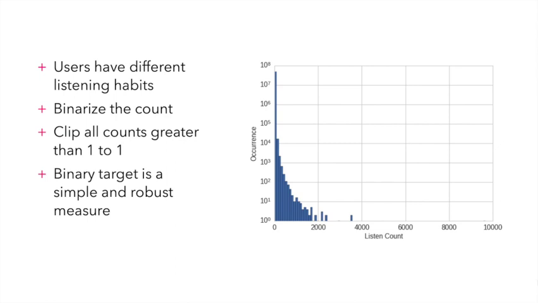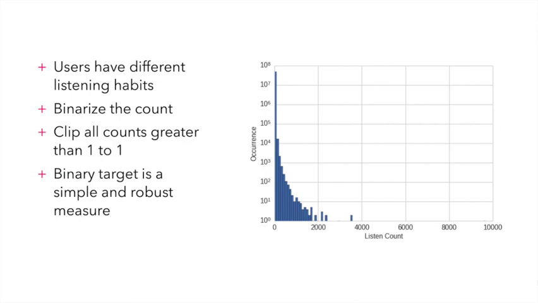Some people might put their favorite songs on infinite loop, while the others might save them only for a special occasion. We cannot necessarily say that someone who listens to a song 20 times must like it twice as much as someone who listens to it 10 times.